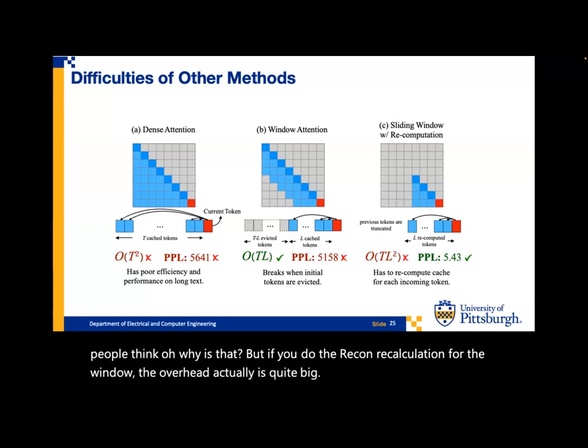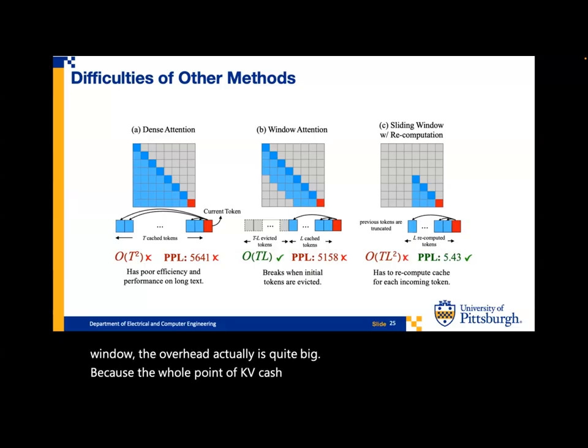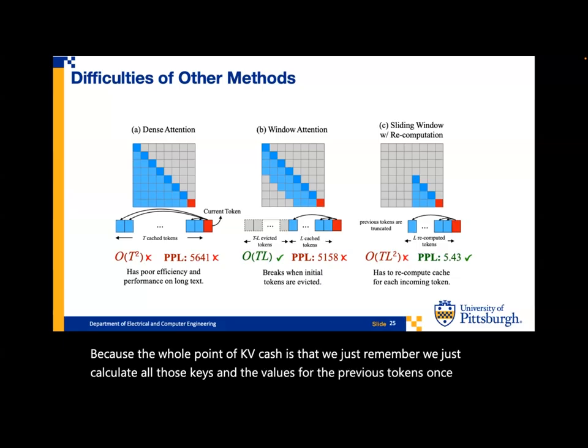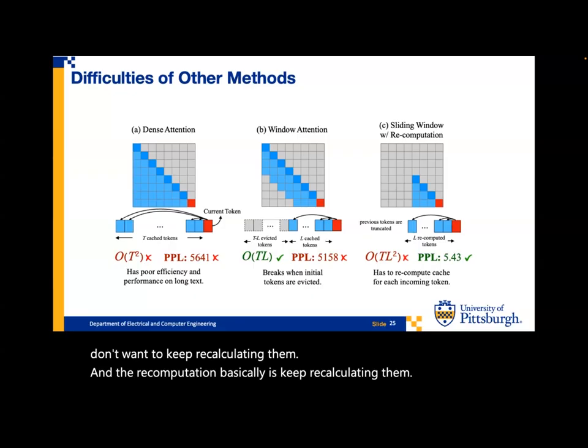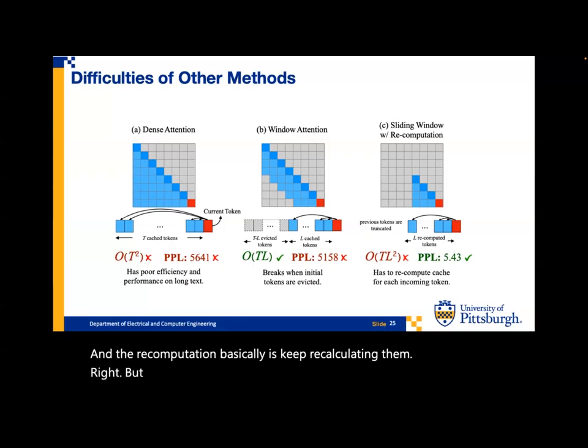Because the whole point of KV cache is that we just calculate all those keys and the values for the previous tokens once. We don't want to keep recalculating them, and the recomputation basically keeps recalculating them. But why will this recalculating work, but just using the older cache will not work?